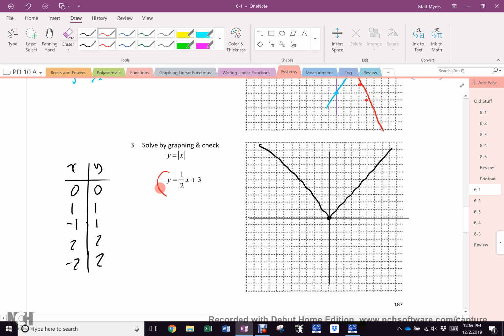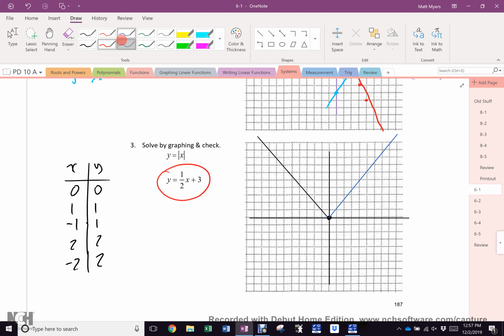Now, how would I graph this guy? How would I graph the second equation there? He waited patiently. You would start at 3 and then do what? You would start at 3, 1, 2, 3, and right 2 up 1.